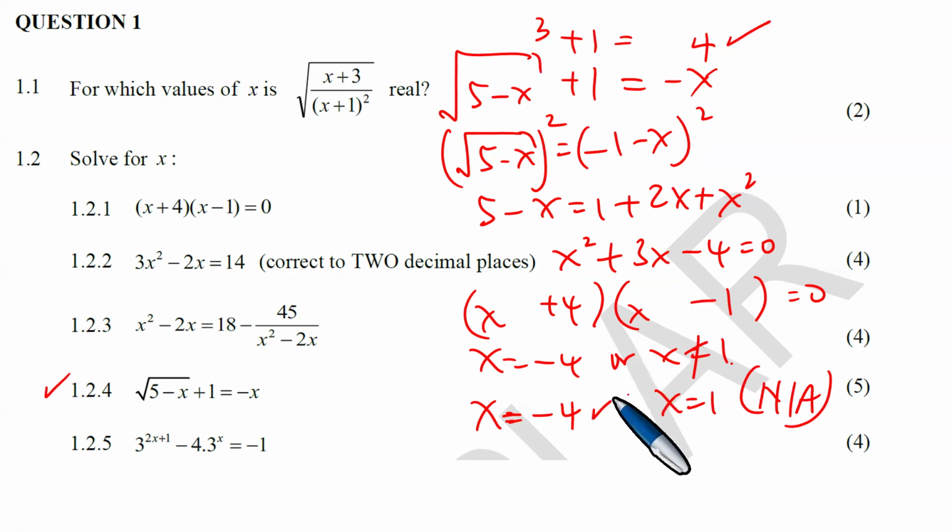So this one is correct, but 1 is not applicable. We have solved this problem by squaring both sides, but after squaring both sides, it's very important to check your answers. So you continue to solve the next problem, 1.2.5.